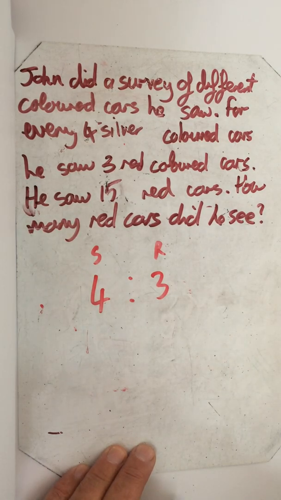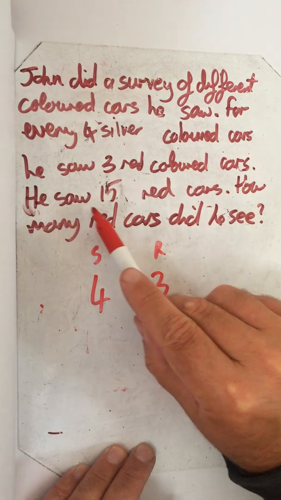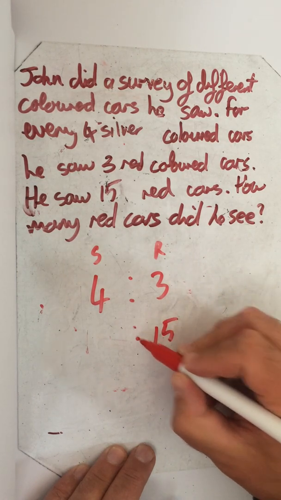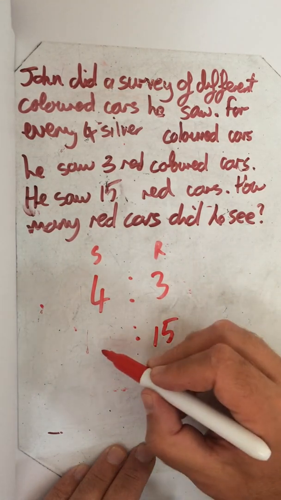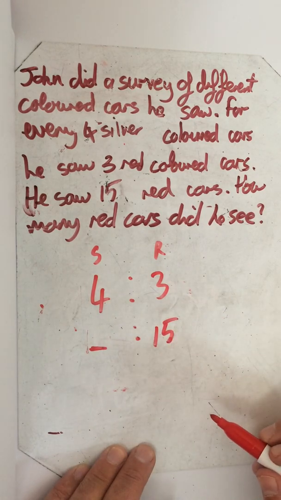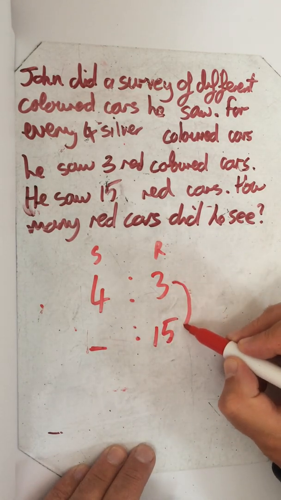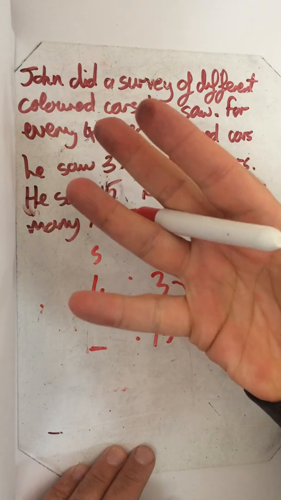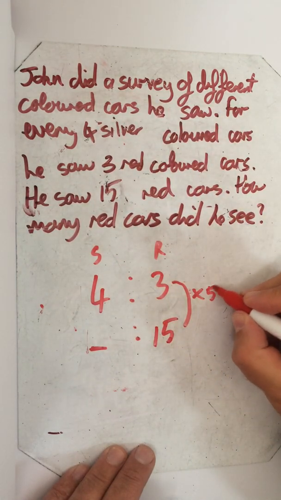That's the first step. Now he saw 15 red cars, so I'm going to put 15 in the red column. So from there I can find out the silver. How am I getting from the 3 to the 15? 3 times 3, 6, 9, 12, 15. I'm timesing that by 5.